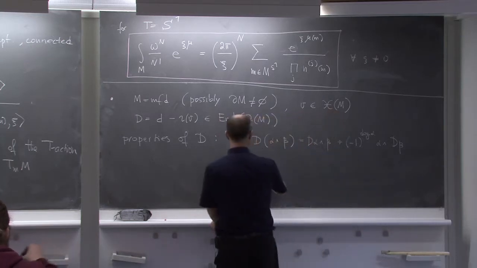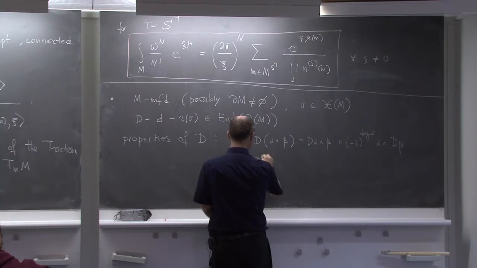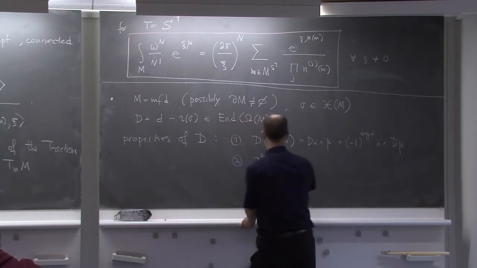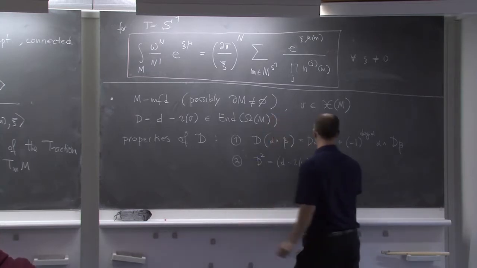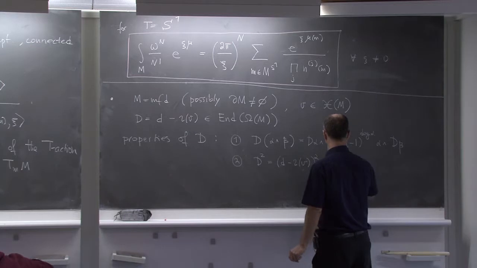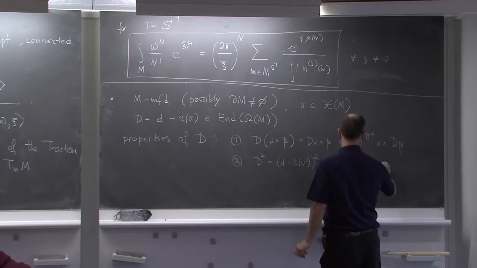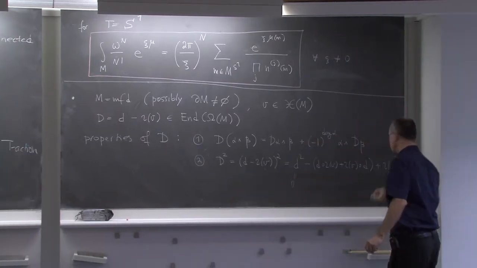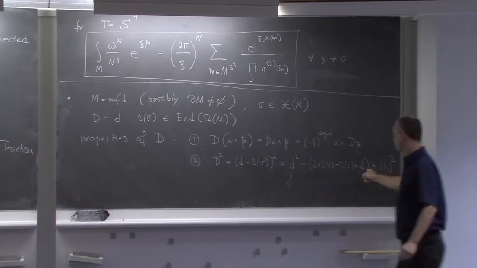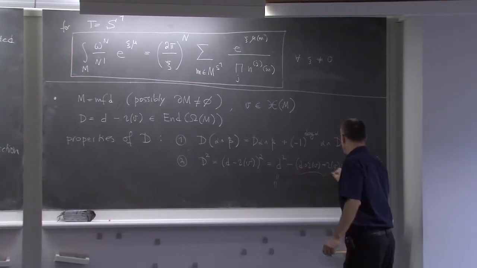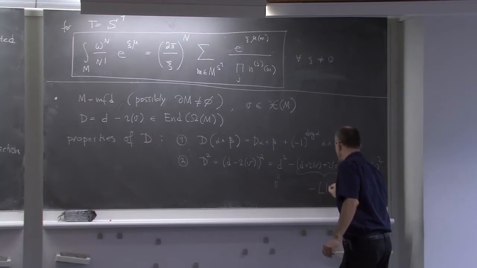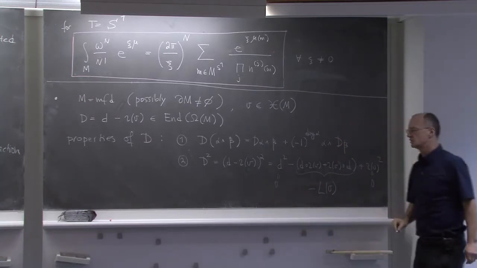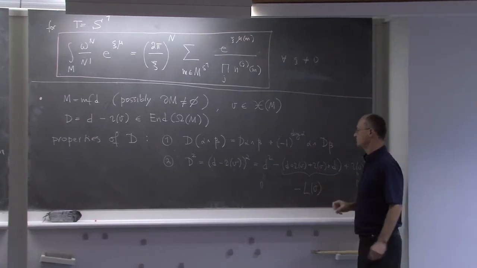So the second property, perhaps if we compute D squared, so this is (d minus iota_v) squared, and this is d squared minus d iota_v plus iota_v d. Iota_v squared gives 0. And so this is, as usual, by Cartan's magic formula, the Lie derivative with respect to v.